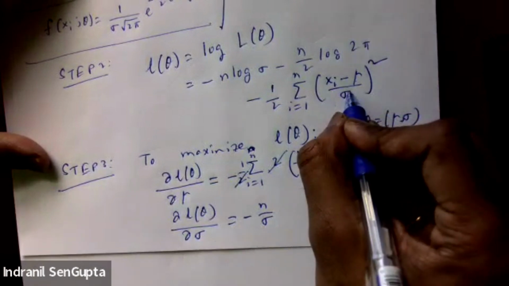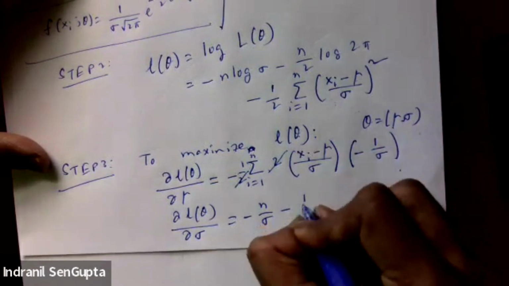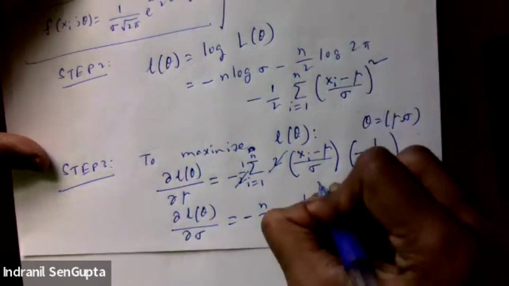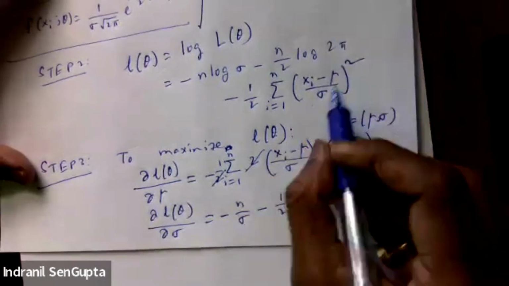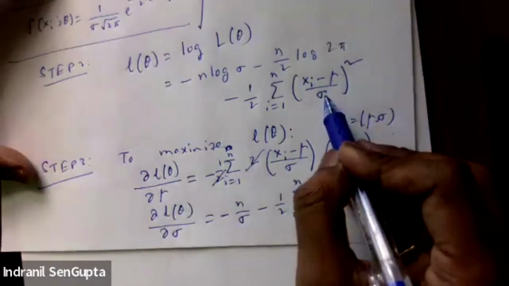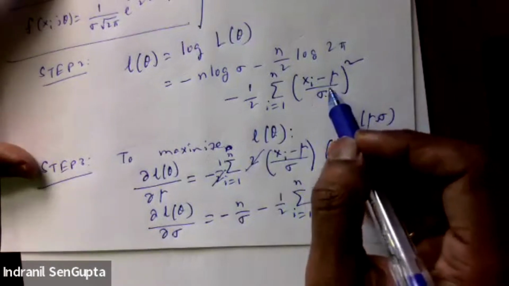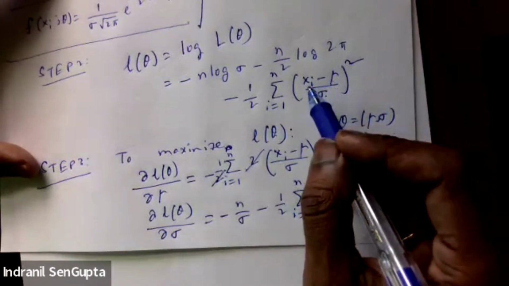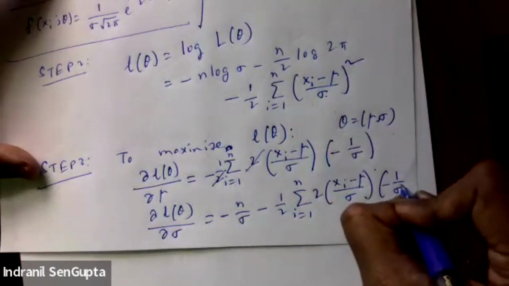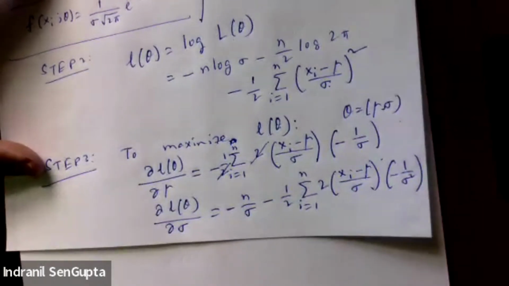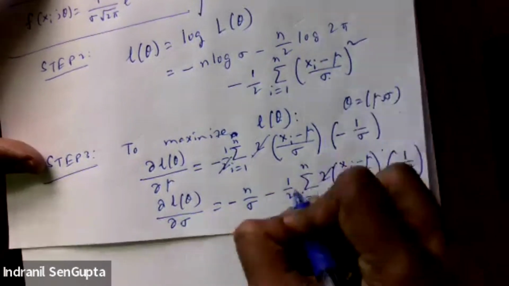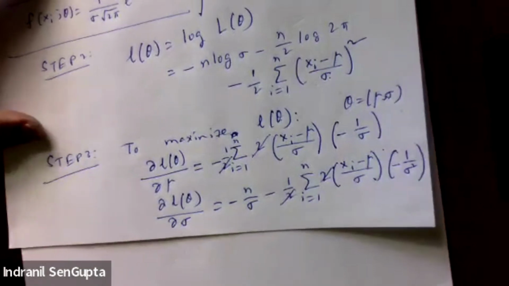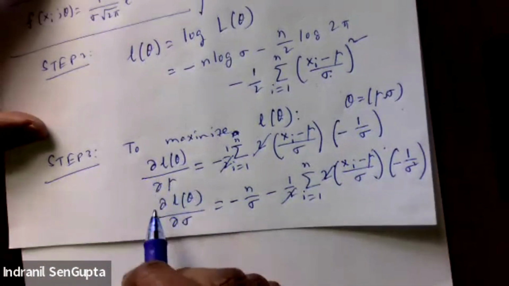And then the last term is minus 1/2 sum i from 1 to n, again 2 times (xi minus mu) over sigma, and then differentiating 1 over sigma gives minus 1 over sigma squared, right? So this 2 is also cancelled. What we do now is set that equal to 0.